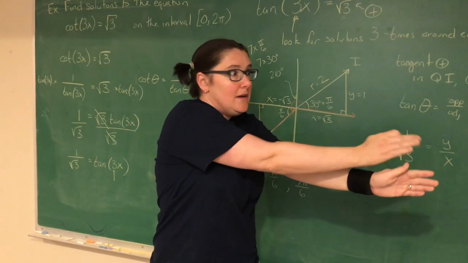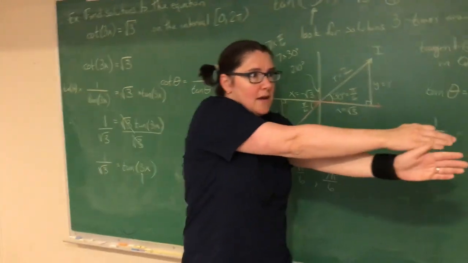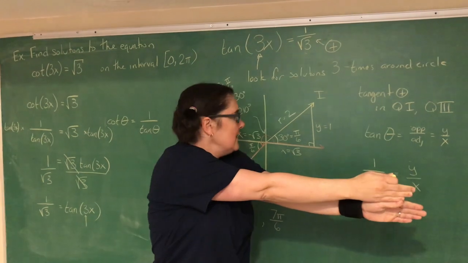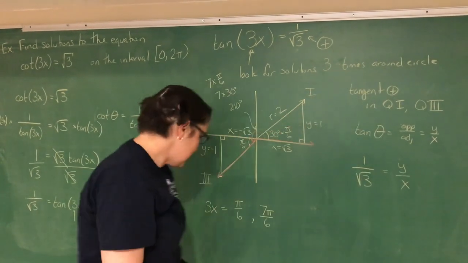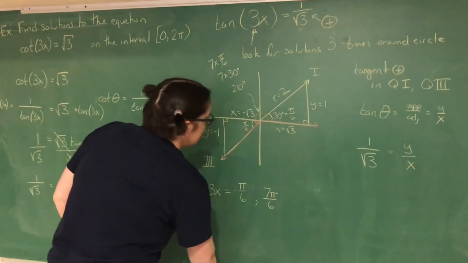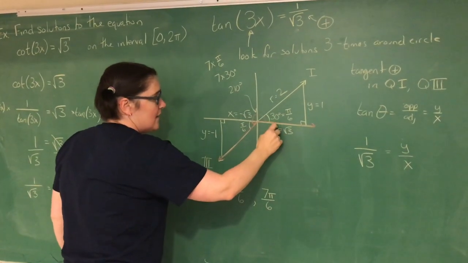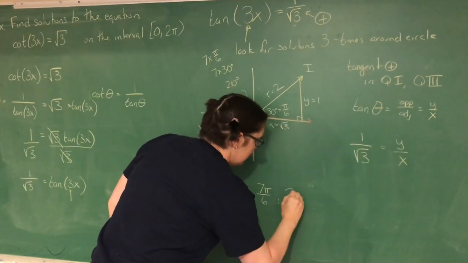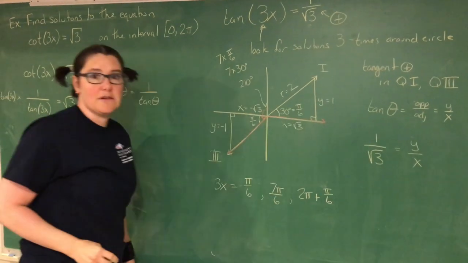Okay. Now, the second time around the circle, I start by saying, okay, I'm going to swing one full time around the circle plus an additional pi over 6. So the next angle that I'm looking at is an angle that goes all the way around the circle, 2 pi, plus an additional pi over 6. So our third angle is 2 pi plus pi over 6.